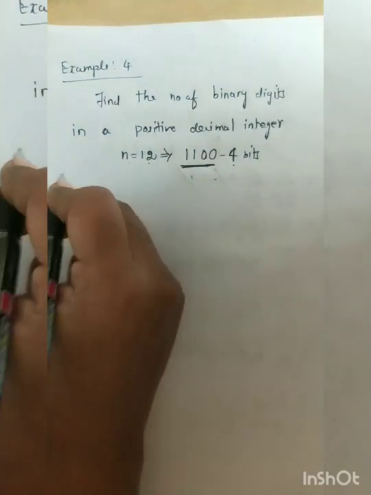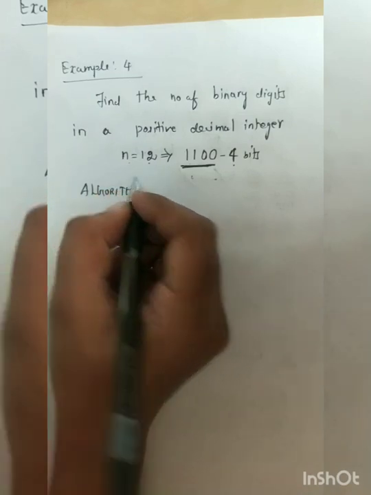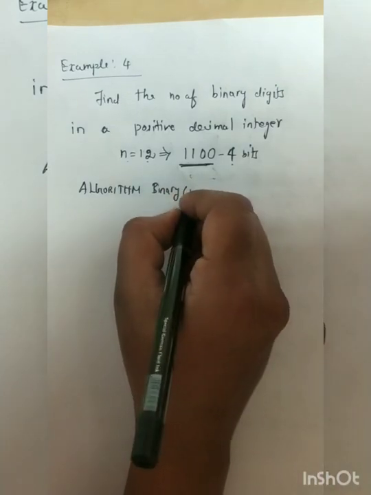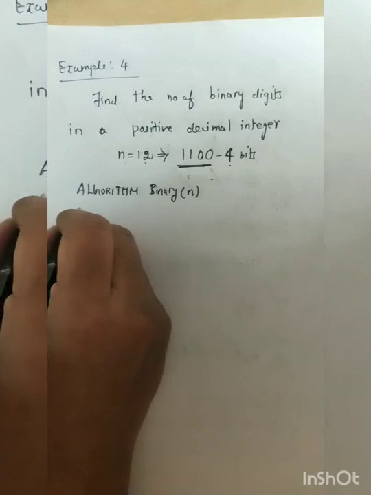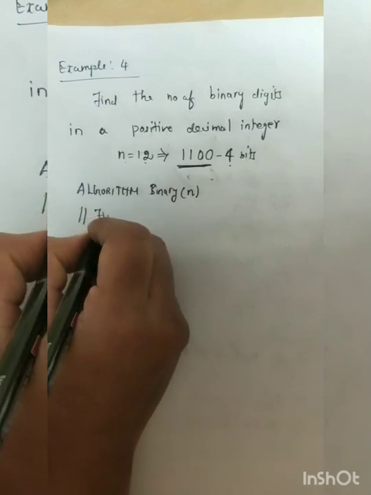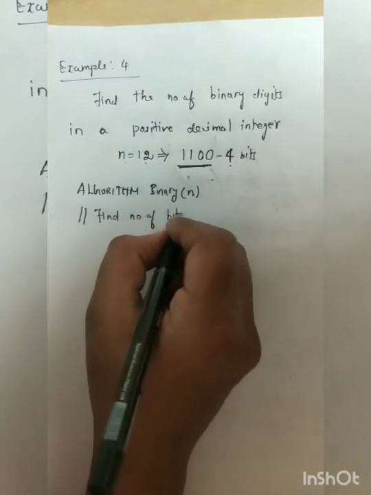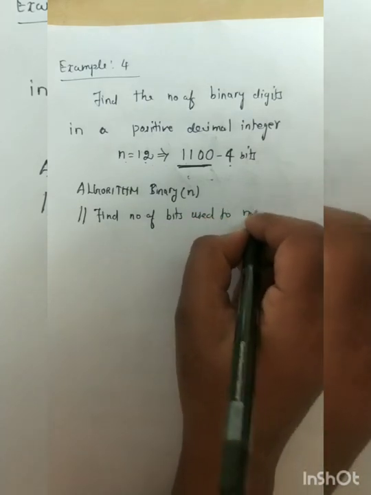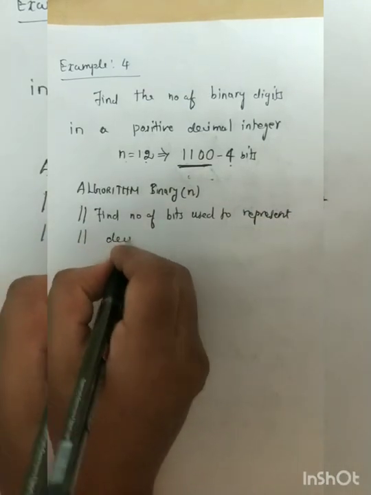Now I am going to write an algorithm for that. Write algorithm binary of n; you can give any name. Here input is only n. Then write a description: find the number of bits used to represent a decimal integer.